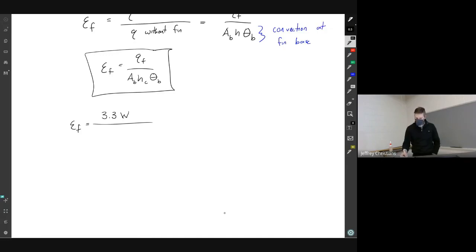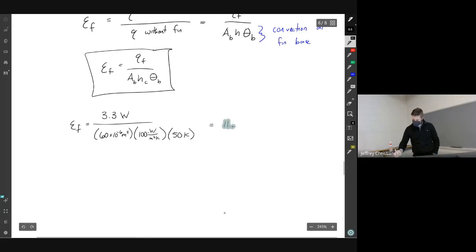This is the cross-section area. So 60 times 10 to the minus 6 meters squared times 100 watts per meter squared Kelvin times 50. 50 K is our temperature difference. So this would equal for our fin 11.13.